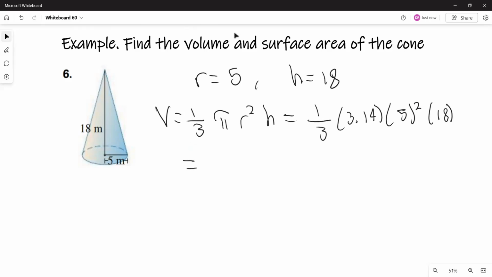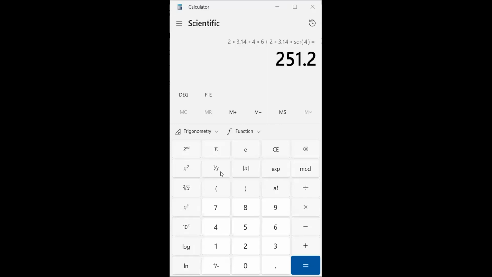Okay, so I'm going to put this in the calculator. This is 1/3 times pi, or you can use the bottom pi if you want. My MATLAB is going to accept both answers, whether you just type 3.14 or use the pi button.